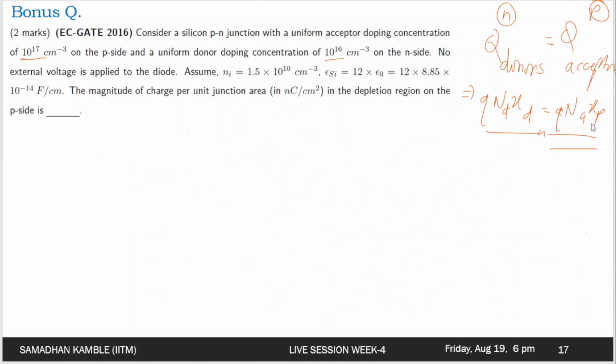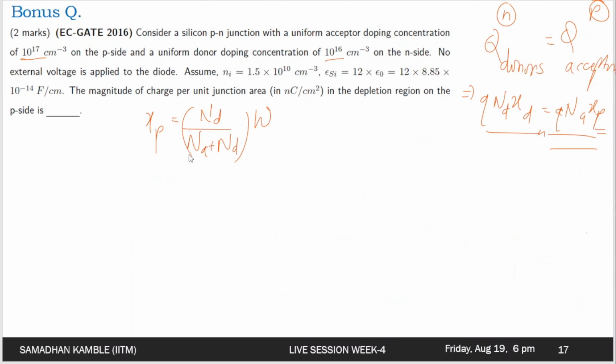So for that we need to find out the XP. Na is given, charge we know, XP we need to find out, and for that we know that XP is given as Nd over Na plus Nd times the total width. You can recall from equation number 3 or 4 from the summary slides.